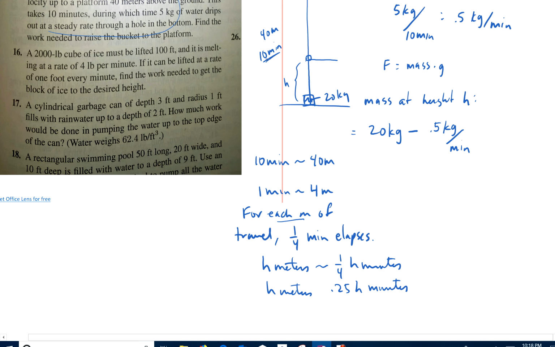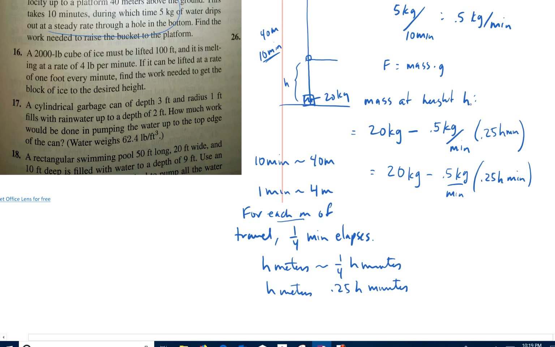We know that. So if I multiply this by 0.25 h here, what are my units going to be? Well, this is 0.25 h minutes for h meters, right? So if I multiply this by 0.25 h minutes, that's going to give me a formula for the mass at any height h: 20 kilograms minus 0.5 kilograms per minute times 0.25 h minutes.